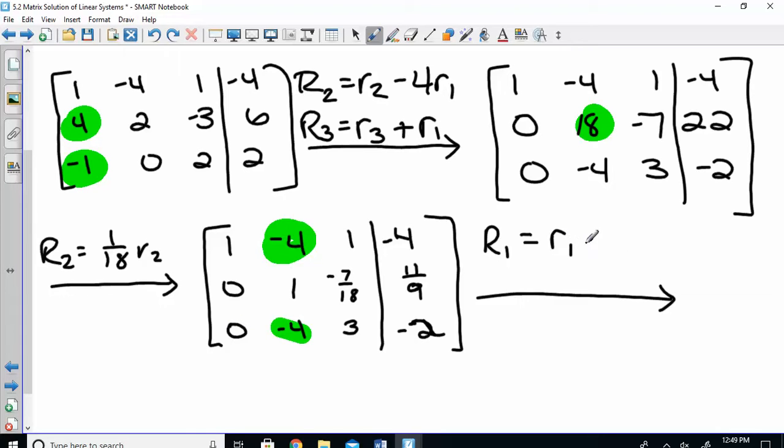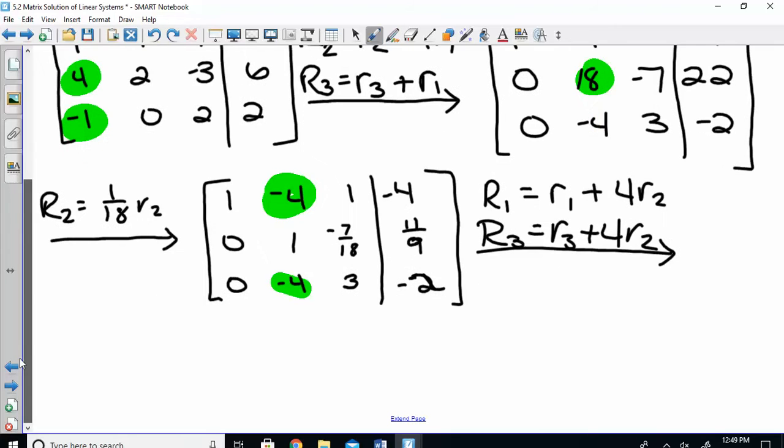So that is an option for the first row anyway. If we do it like that, our kind of standard, you could do row 1 minus row 3 and that would work, or you could do row 1 plus 4 of row 2 because we just got our 1 in row 2. Row 3 then would be row 3, it's a negative 4, so plus 4 of row 2 as well.